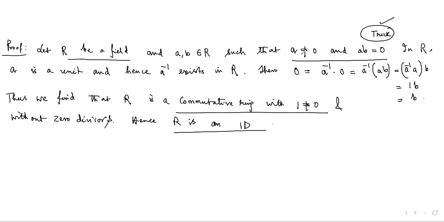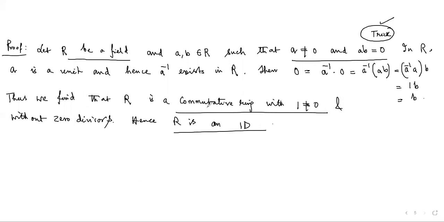Why is it so? We started with a not equal to 0. Since R is a field, R is a commutative ring, because you know that a commutative division ring is a field.